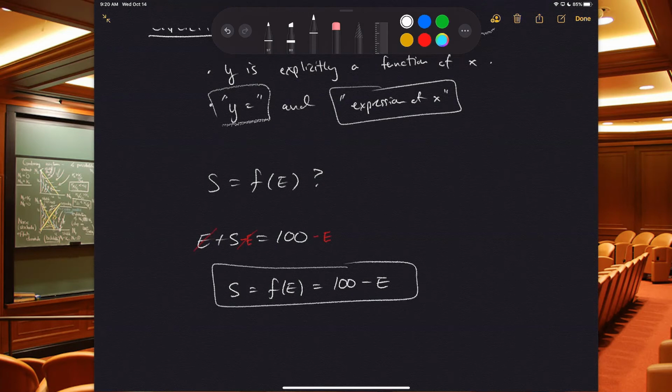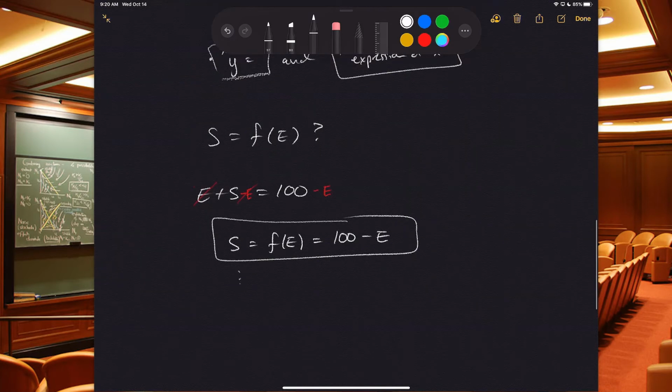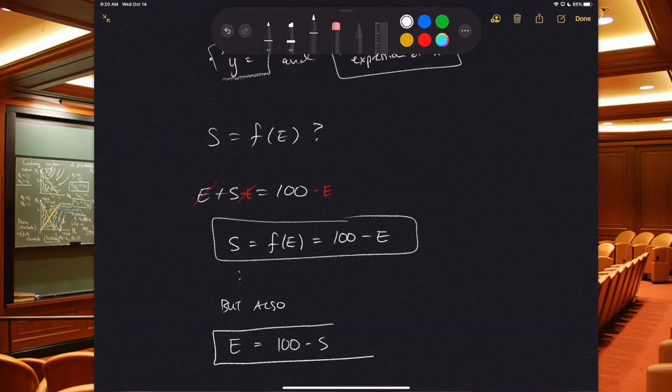But couldn't the same case be made for Aaron? By the same logic, E would be equal to 100 minus S. The number of hours that Aaron works is going to be the difference between the 100-hour requirement and the amount that Chantel works.